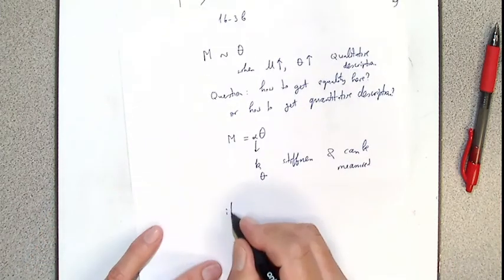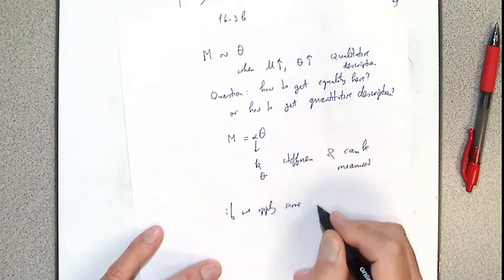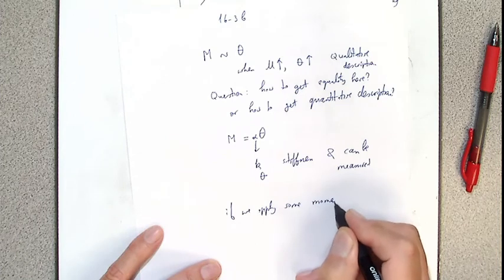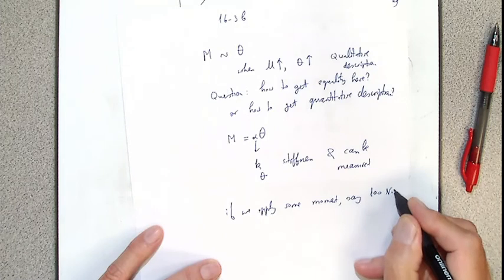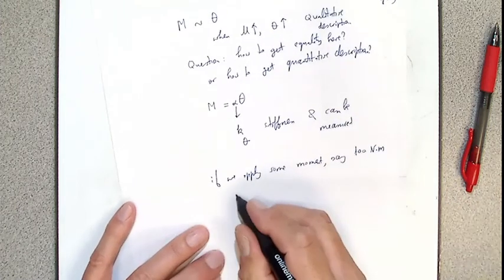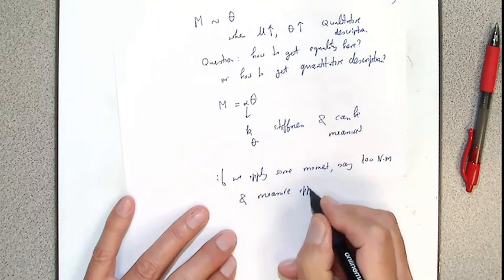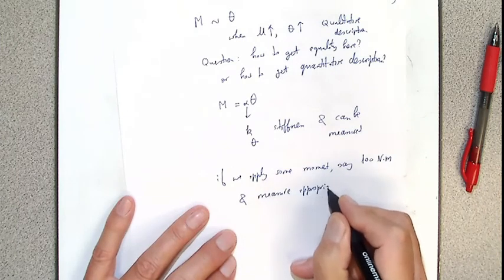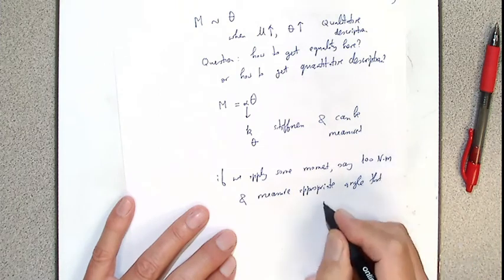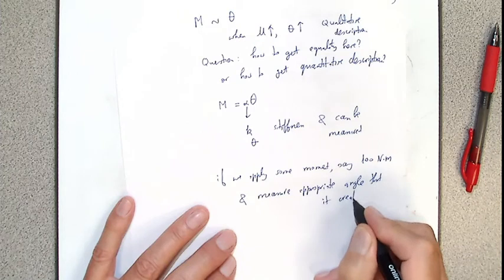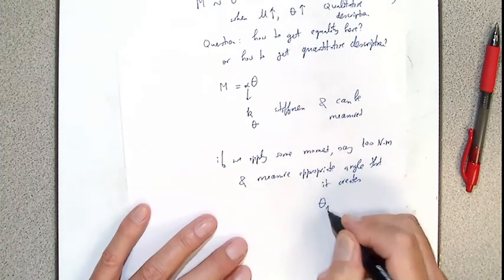So if we apply some moment, say 100 Newton times meter, and measure the appropriate theta, the angle that it creates. Okay, so I will call it theta 1.